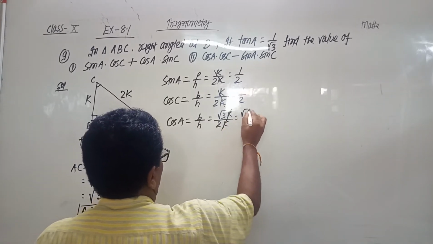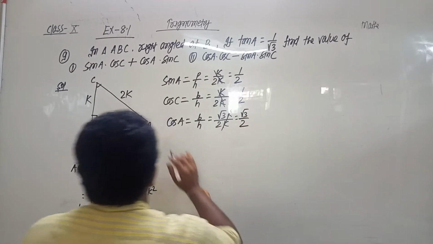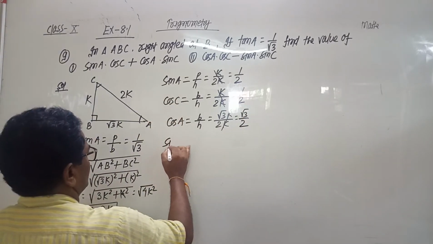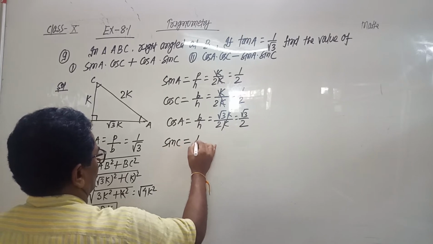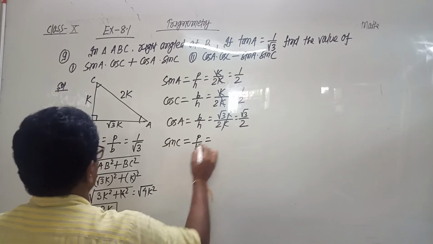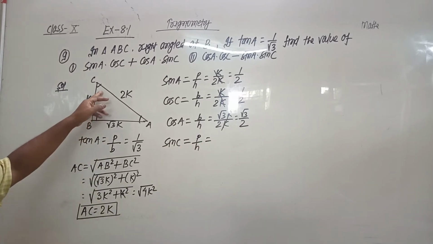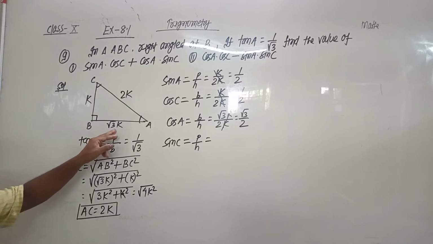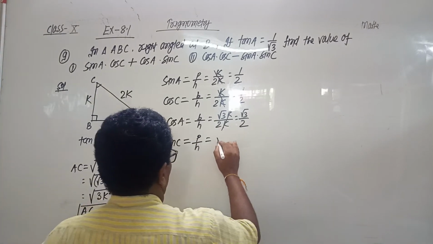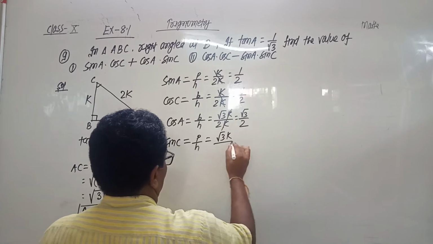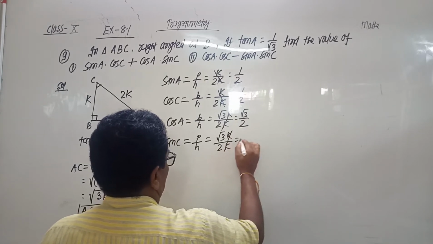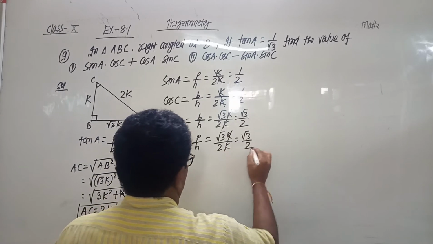So we get root 3 by 2. Then we find the value of sin C, which is perpendicular upon hypotenuse. For this angle C, the perpendicular is root 3k and the hypotenuse is 2k, so it comes to root 3 by 2.